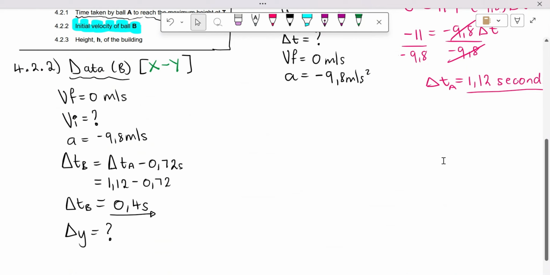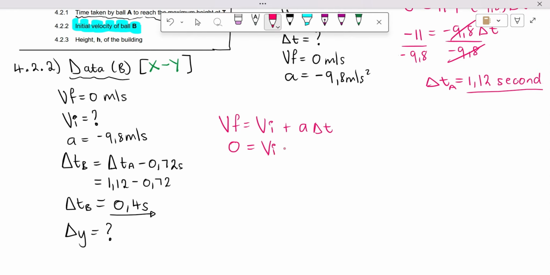But now we want the initial velocity. From the information we have already acquired, what can we do to get it? We can say the final velocity equals the initial velocity plus a delta t. Remember that the final velocity is 0, and the initial velocity is what I actually want. However, my a was negative 9.8 and my time was 0.4 seconds.